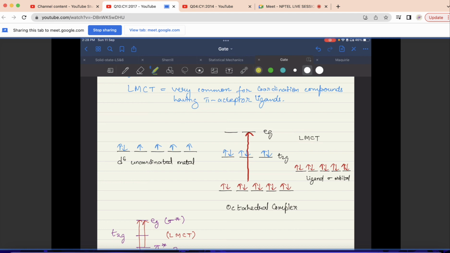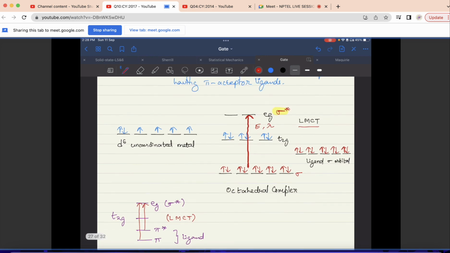This is the sigma antibonding for it. So this will take place from the full ligand orbital to the empty metal orbital. This is the LMCT, and the energy or wavelength associated with it will be observed as an absorption band.